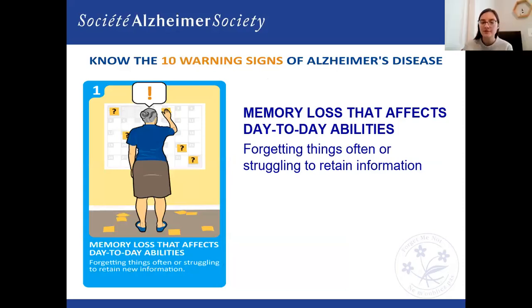All right, so number 1, but like we said, this is not in numeric order, just to keep track of where we're at, is memory loss. Memory loss that affects day-to-day abilities. And we want to qualify this by saying it's okay, we all forget things sometimes, right? I forget my appointments sometimes, or maybe a colleague's name, a friend's phone number.